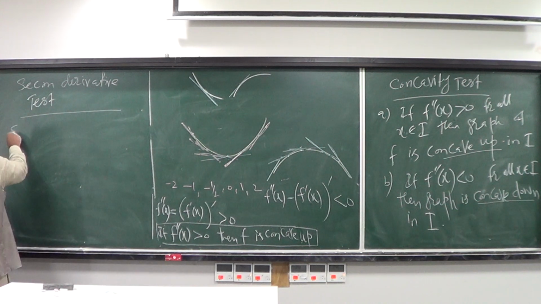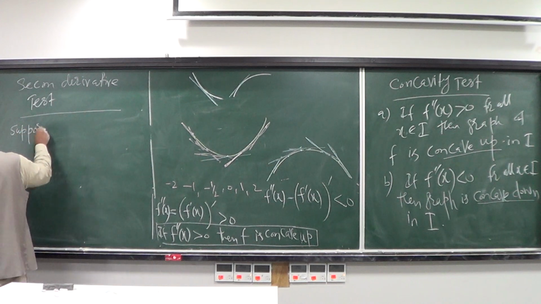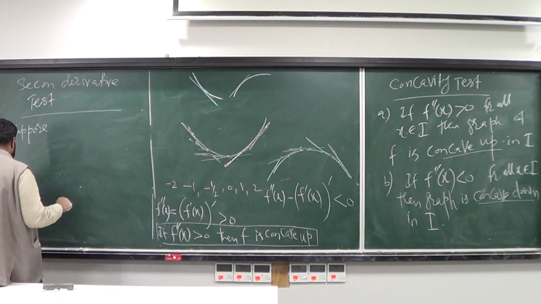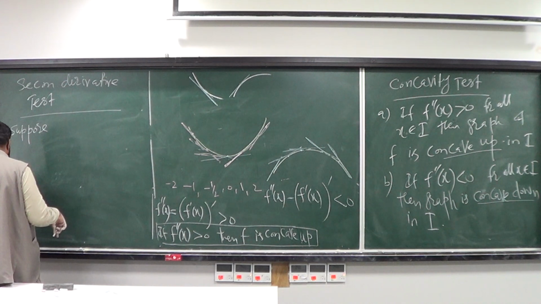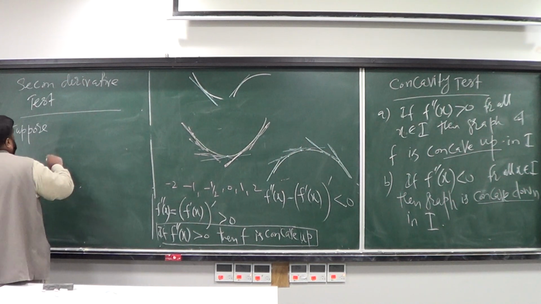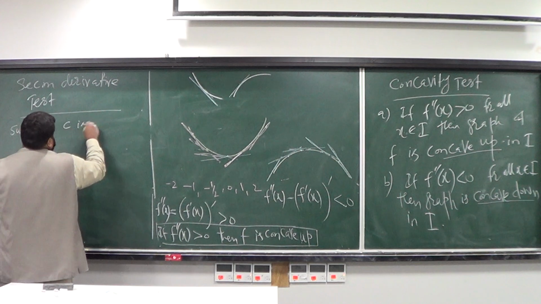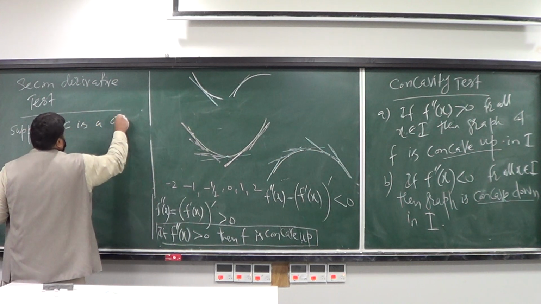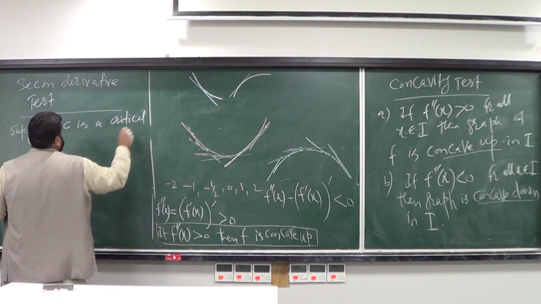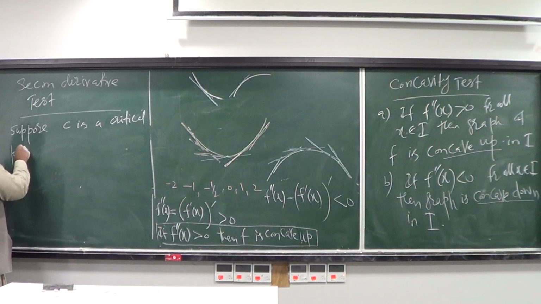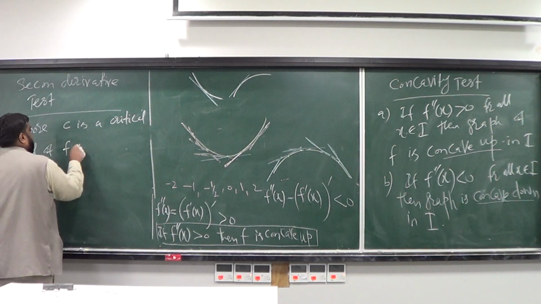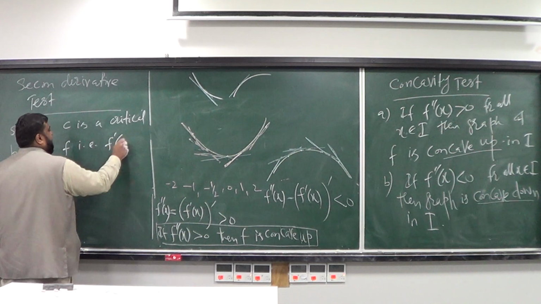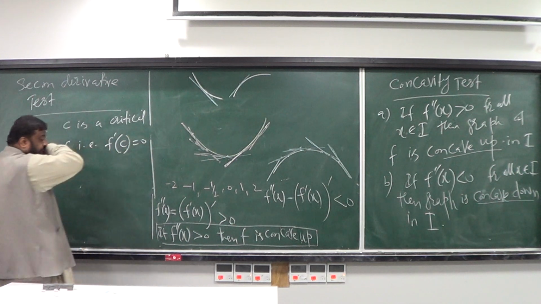Suppose c is a critical point of f, that is, f prime of c is 0.